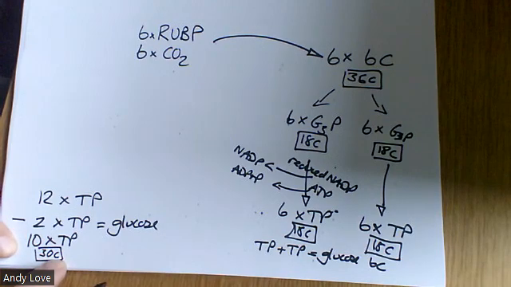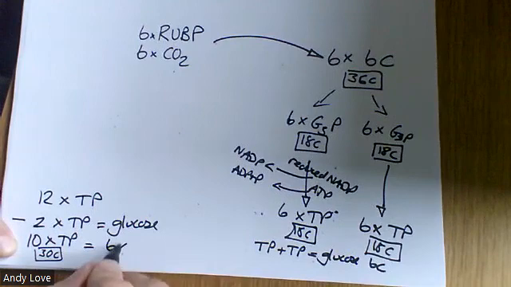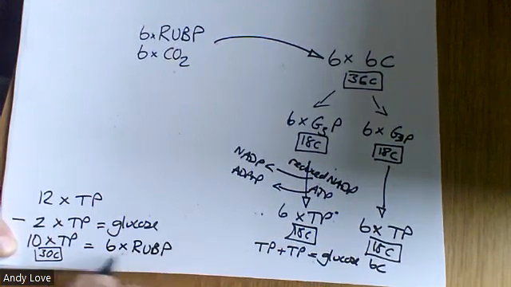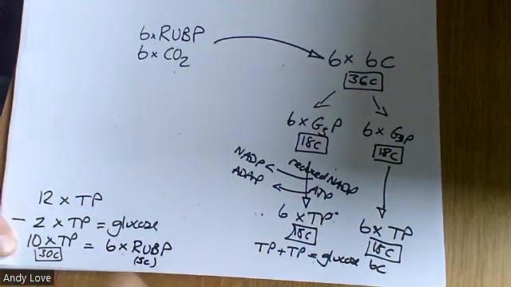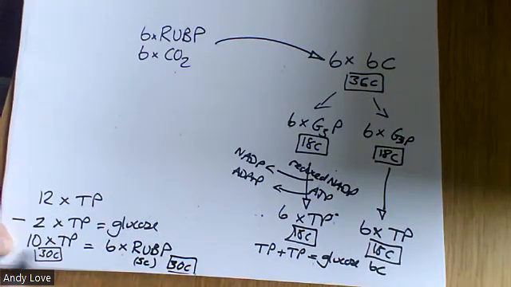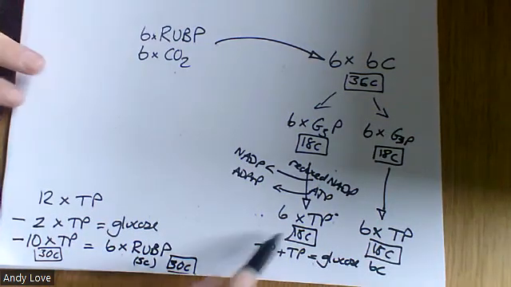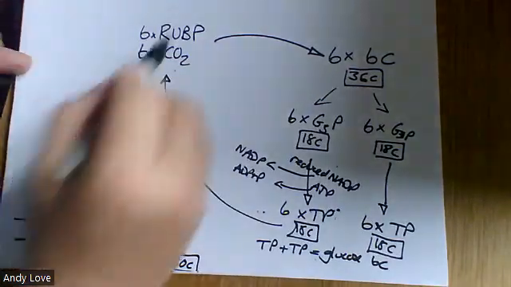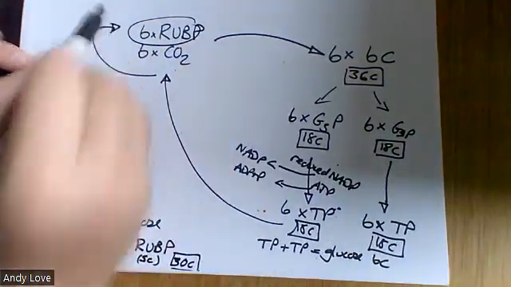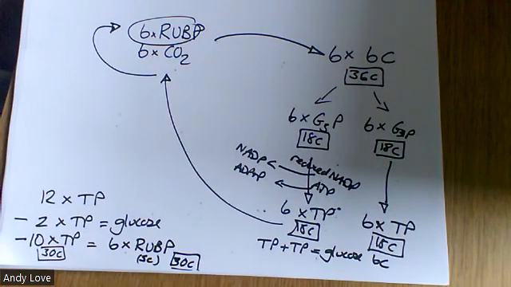That means I've got enough to make 6 molecules of RUBP. Because RUBP is 5 carbons, 6 times 5 is 30. Yay, balanced. So that's what happens. It goes round 6 times. And what you're left with, if it goes round 6 times, you will have 12 molecules of TP.